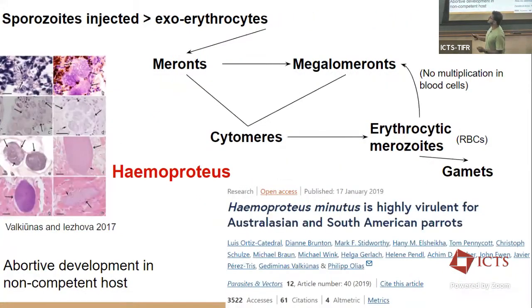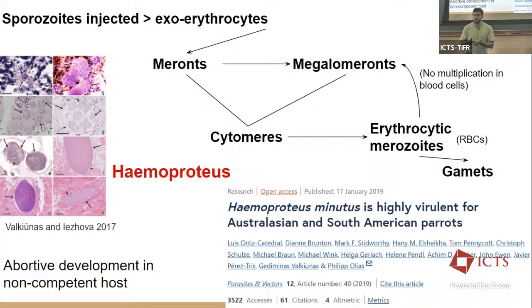What happens in Haemoproteus is that there are not these cryptozoites and metacryptozoites, but there are these merons and megalomerons. So these sporozoites get into these phases, and then there is no multiplication in blood cells. Haemoproteus gets to other, non-blood organs. It goes to either the endothelial wall or other reticuloendothelial cells like bone marrow and spleen.